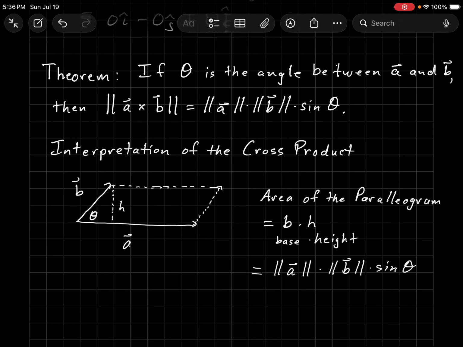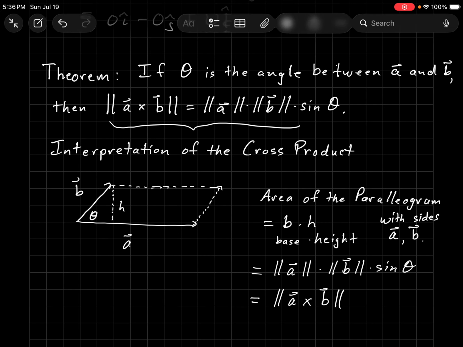So using the theorem above, we see that the area of a parallelogram with sides A and B is equal to the magnitude of A cross B.